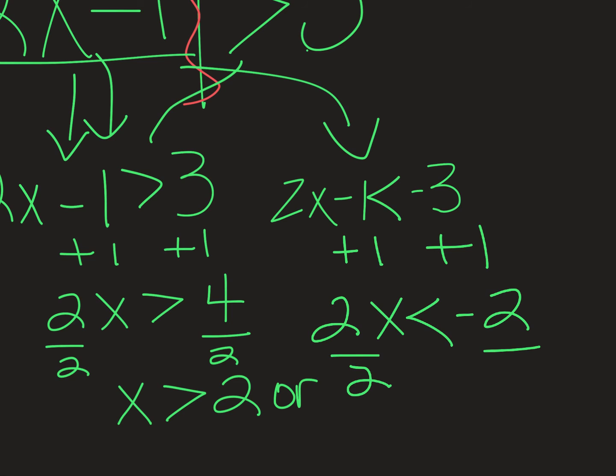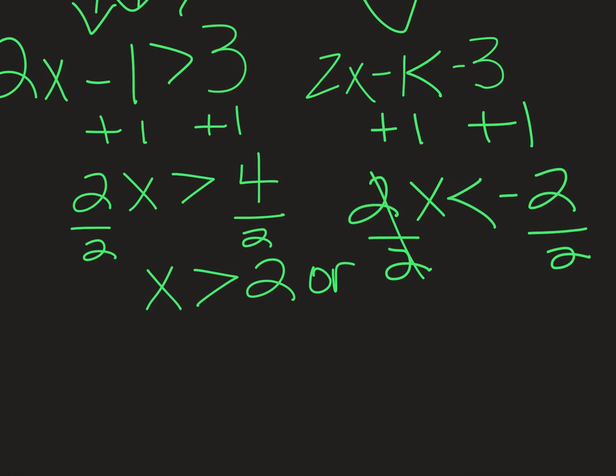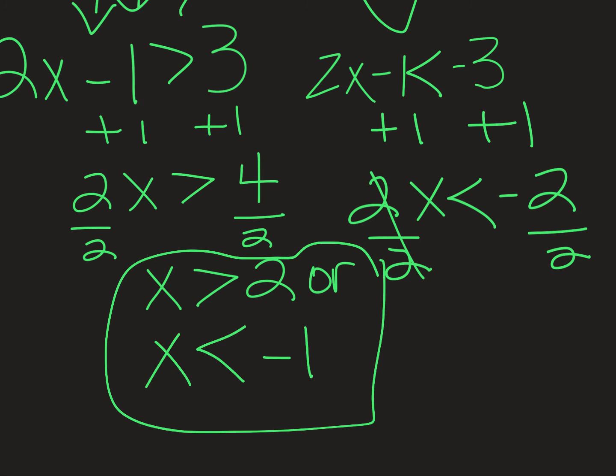Divide by 2, divide by 2. X is less than negative 1. So this is your answer here. Okay? Got that? Technically, you could take this answer and write it in the final compound inequality form, but I don't want to cause more confusion than we have.